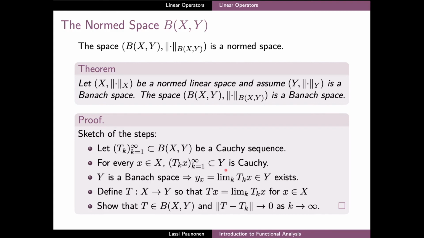But since we assume that the space Y is a complete space, this Cauchy sequence of the images has a well-defined limit for every vector x.